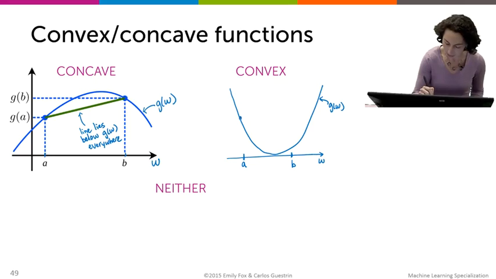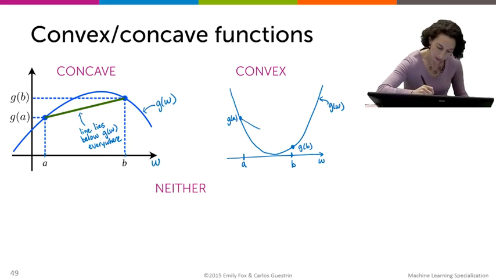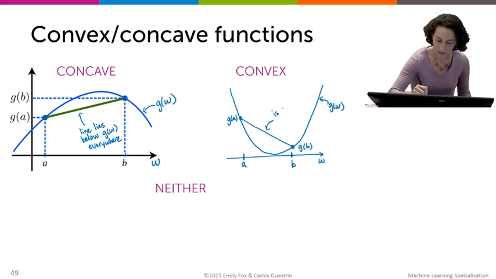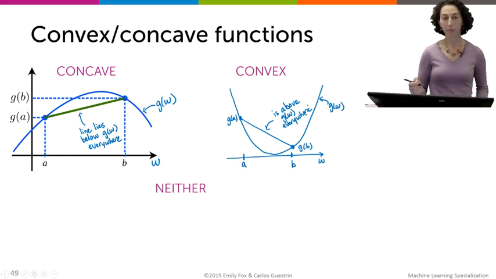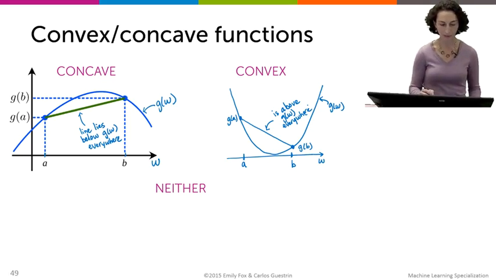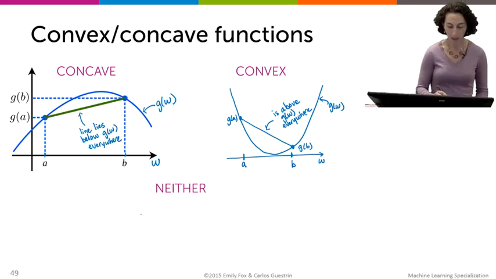If I connect g of a with g of b with just a line, then this line is above g of w everywhere. Okay, so that's the very intuitive geometric definition of what a concave or convex function is.